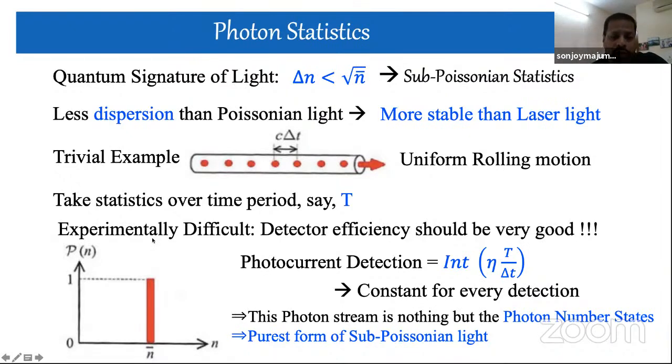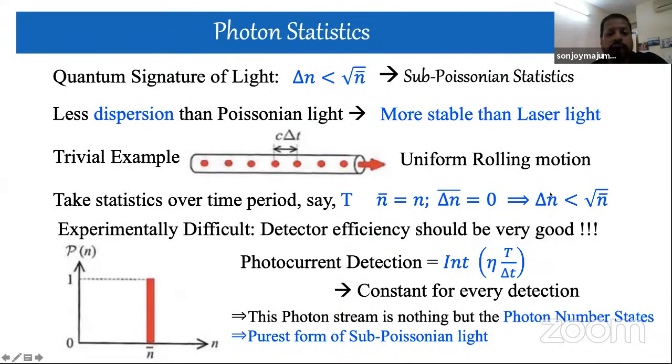The mean value of fluctuation will be 0.